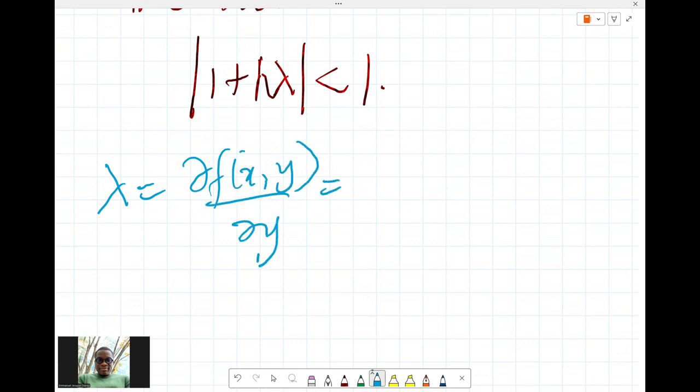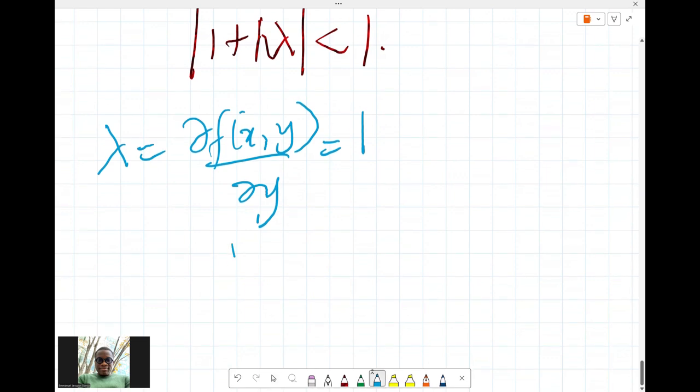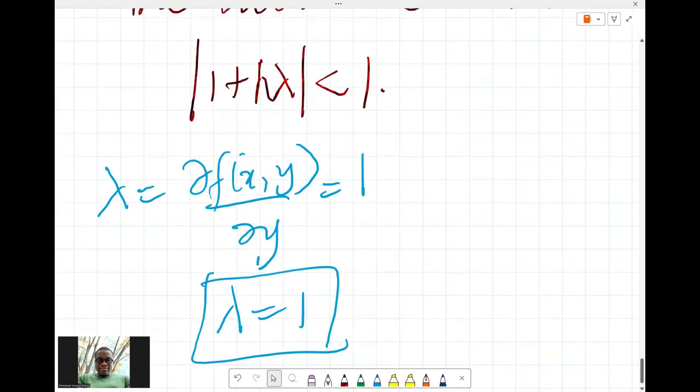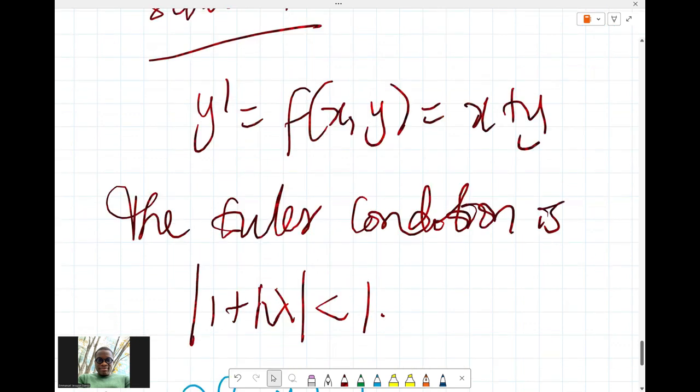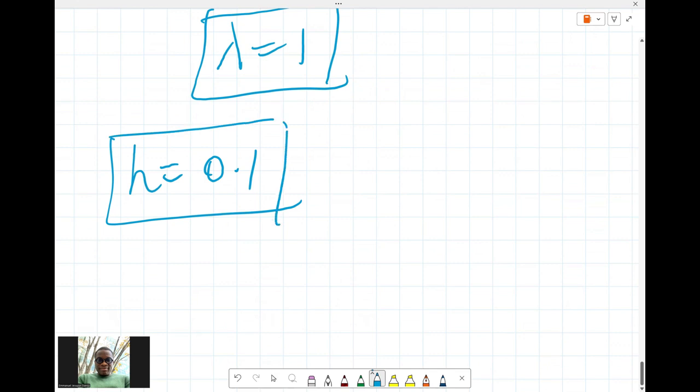And since f of x comma y is x plus y, that means lambda is going to be equal to 1. So we have lambda equal to 1 easily. And then, of course, we have h given already to be 0.1. So with those, we can continue.